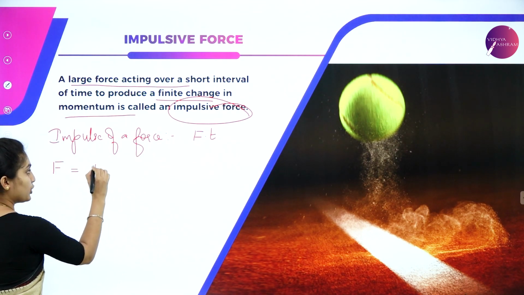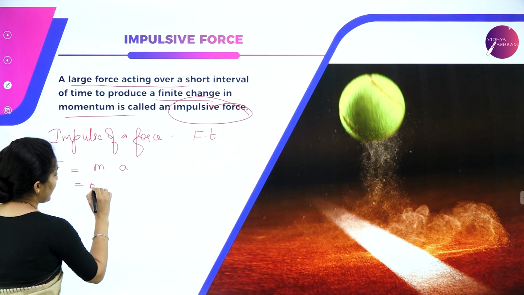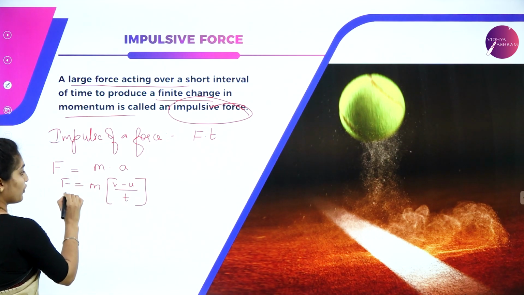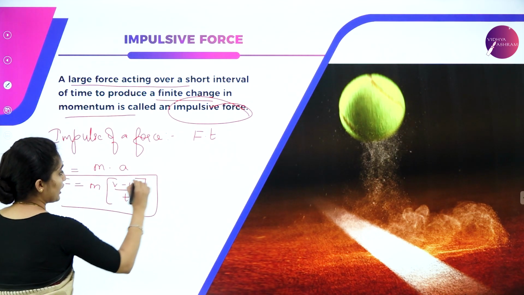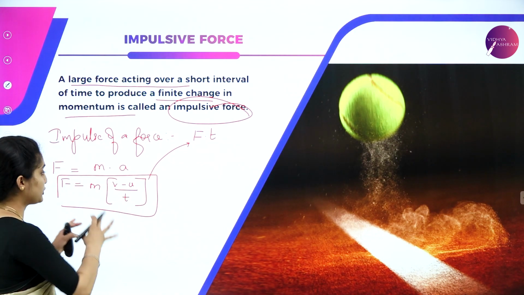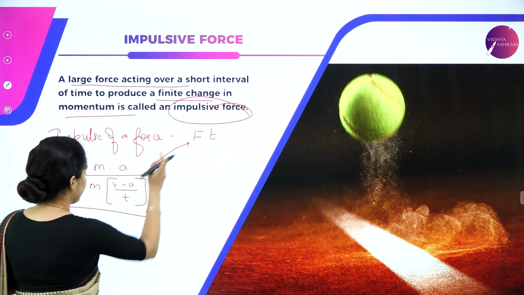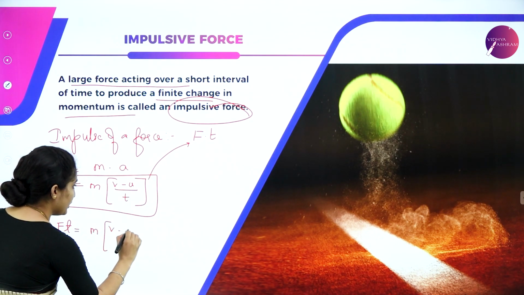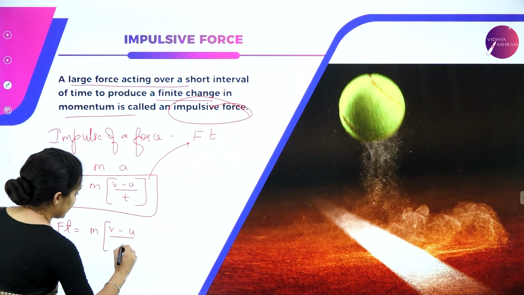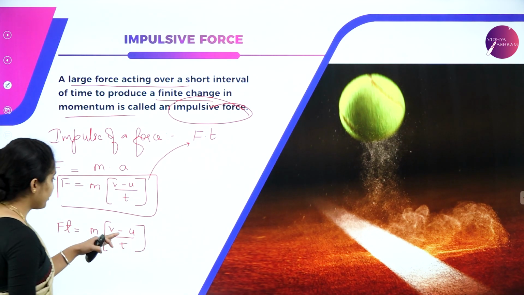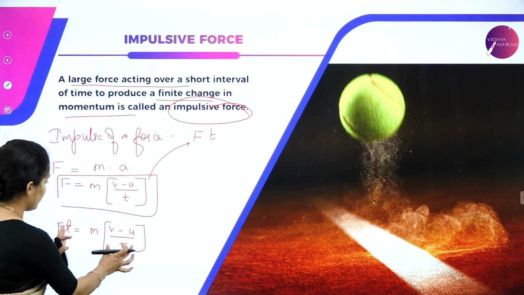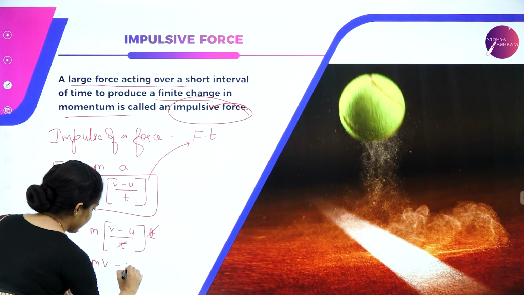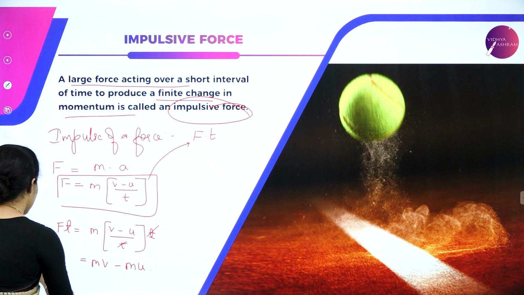F is equal to ma is what we know, so m of v minus u by t can be the value for F. Substitute the value of F here. So we have Ft is equal to m of v minus u divided by t, times t, so t cancels. What remains is mv minus mu. This is the impulse of the force.